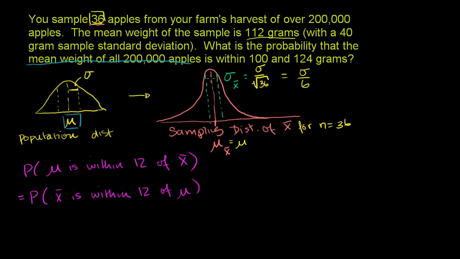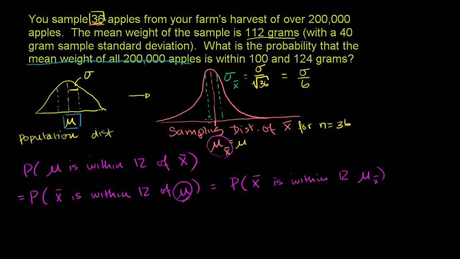There is some unknown mean here, which is the same thing as this value right here. So let me make it very clear. This is also the same thing because this value and this value are the same. This is exactly the same as asking, what is the probability that our one sample mean is within 12 of the actual mean of the sampling distribution?